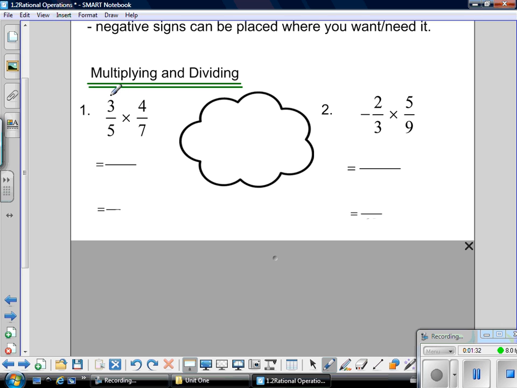Okay, so when I have 3/5 times 4/7, how do I actually multiply that? Well, what I do is I multiply the numerators, which is the top number. So I multiply the numerators, which is the 3 times the 4.